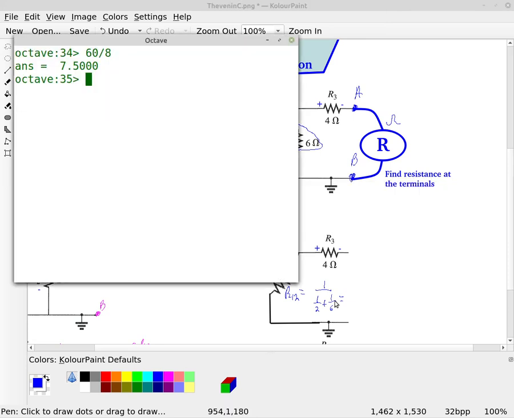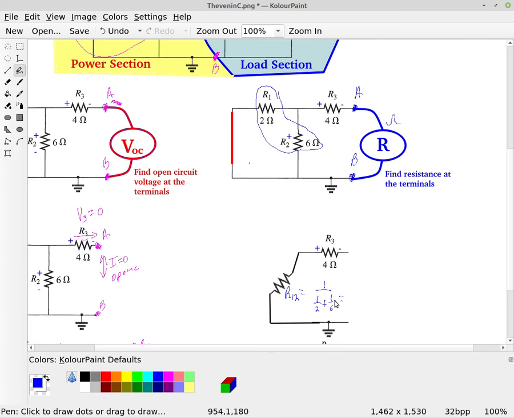If we calculate that, R12 is equal to 1 divided by 1 over 2 plus 1 over 6, which gives us 1.50 ohms.